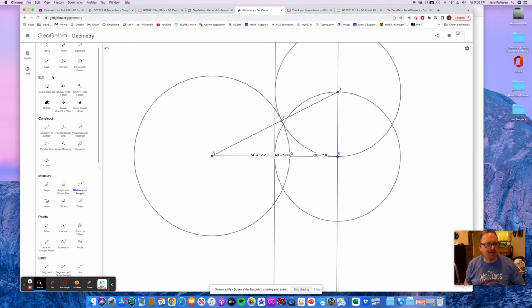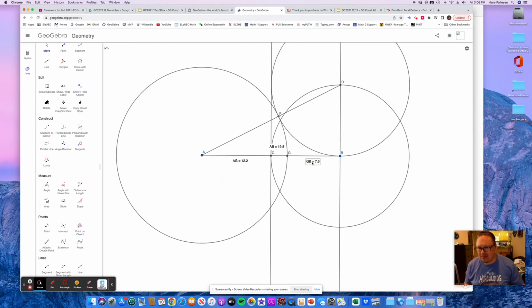Now let me move those so they're easier to see for us. I'll put AB up above. I'll put AG down below and GB down below. Okay. So I need to mark. I'm doing this all on a separate calculator.